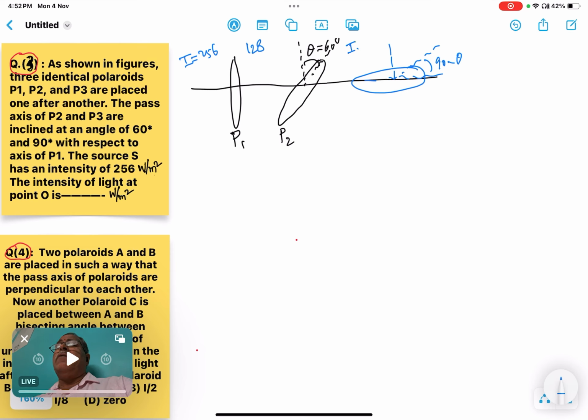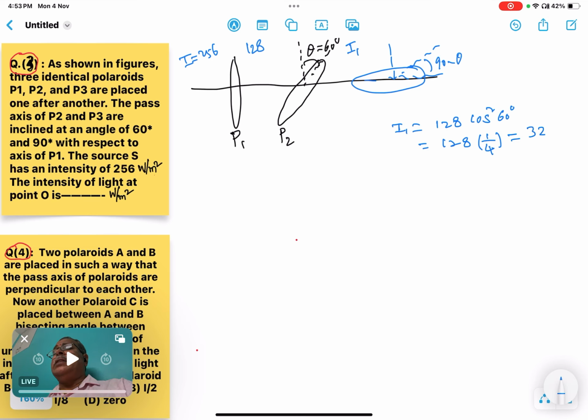I1 is equal to the previous intensity 128 into cos square 60 degrees. Cos 60 is 1 by 2, whole square is 1 by 4. So that is 32 watt per meter square.